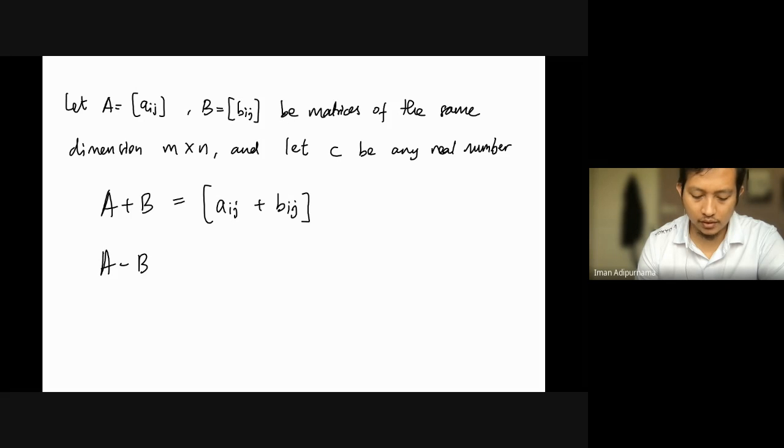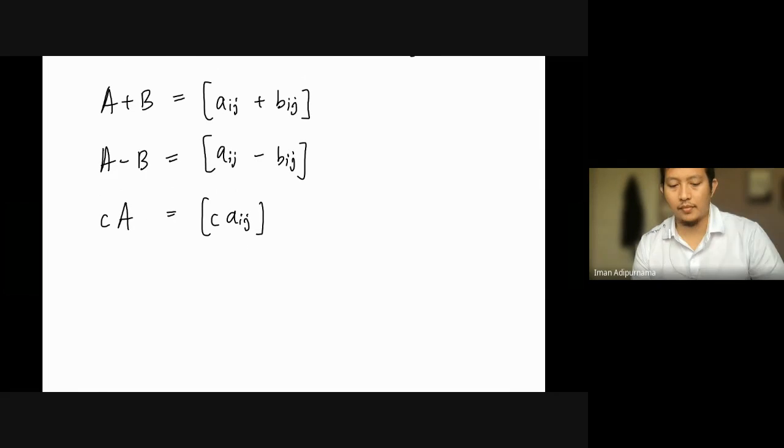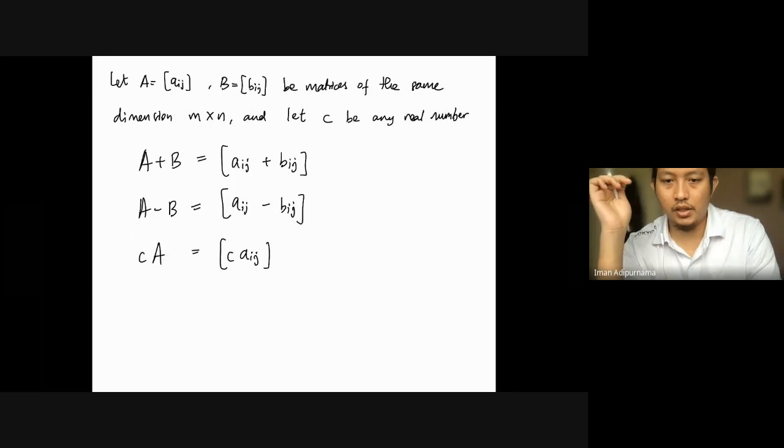If we have A minus B, the same way, and we have multiplied by some constant C, a scalar C, I think there will be no real problem here.